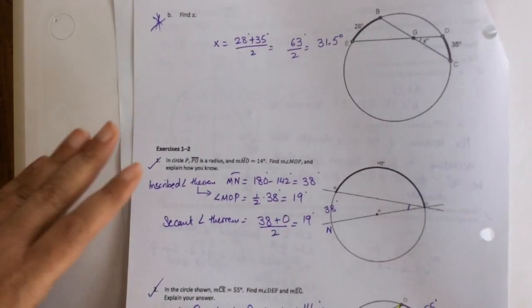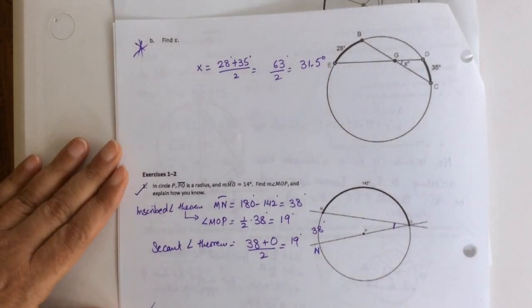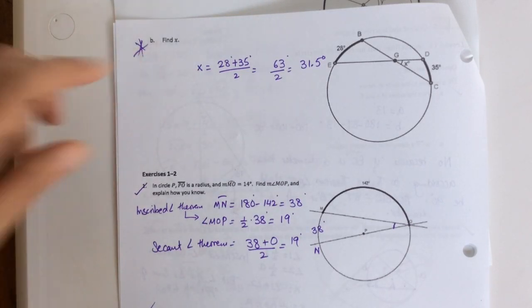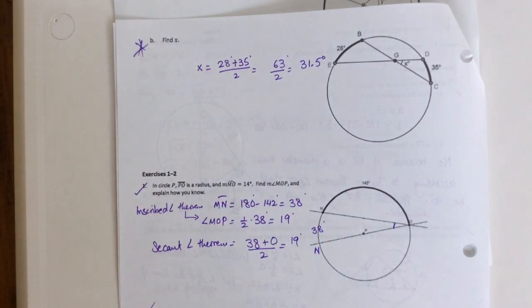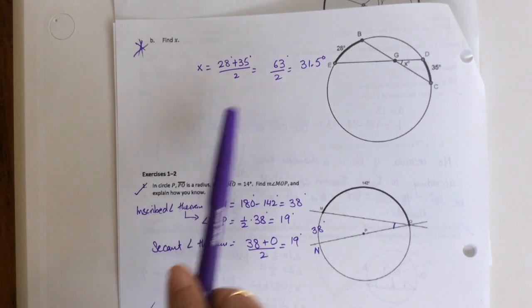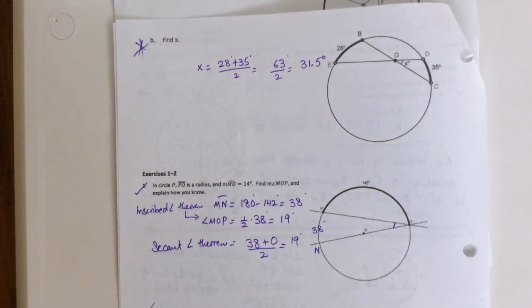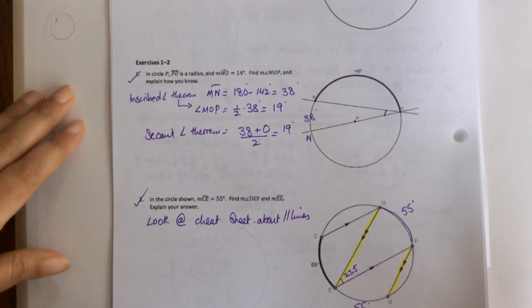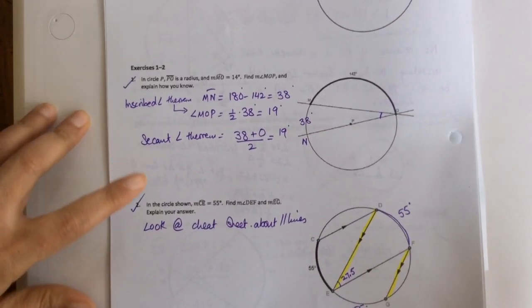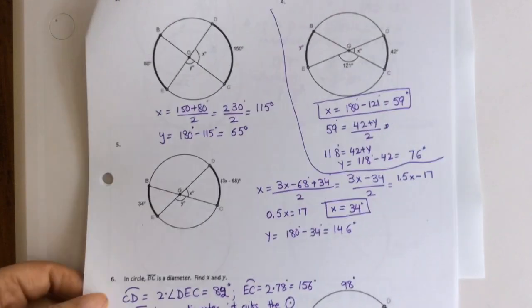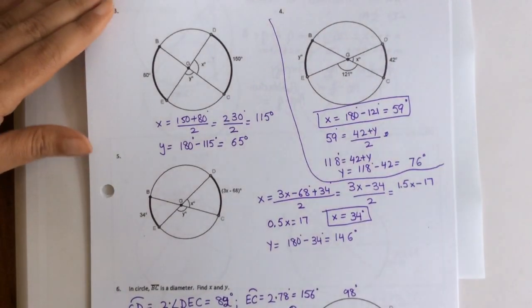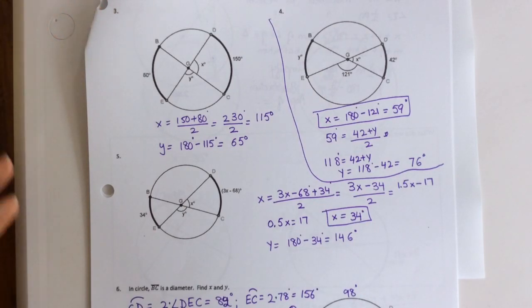Okay, so here are my answers. This is page 2. And here is part B of example 1. I got x to be 31.5 degrees. We did exercises 1 and 2 together. And here are exercises 3 to 7. So look at problems 3, 4, and 5.